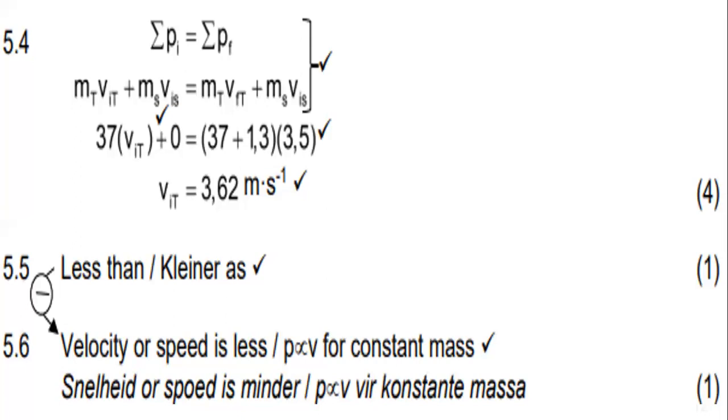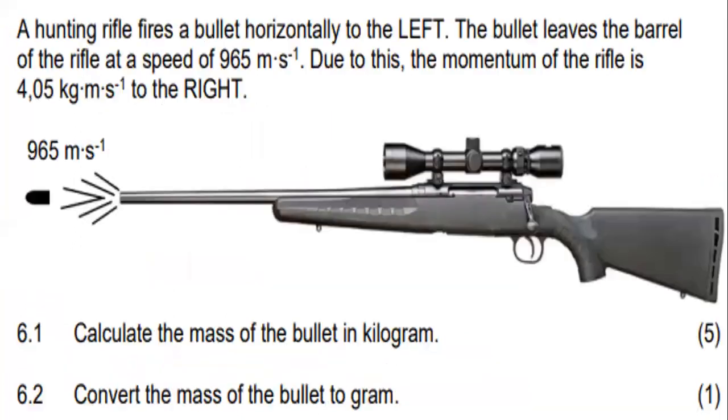Now, let us move to the next question. The next question is a question on a rifle. Now, they tell us a hunting rifle fires a bullet horizontally to the left.